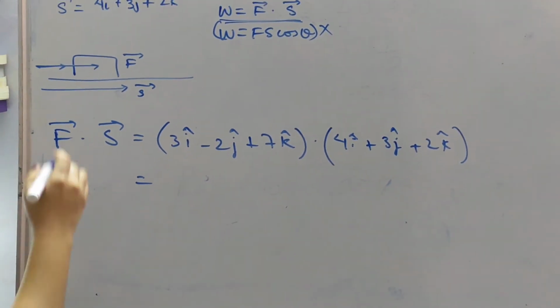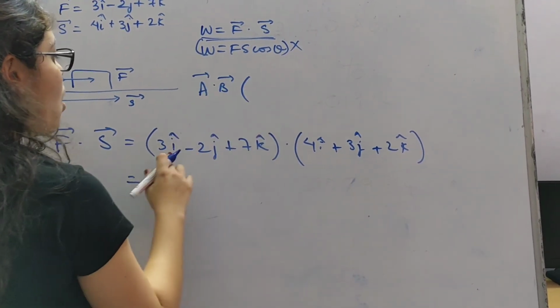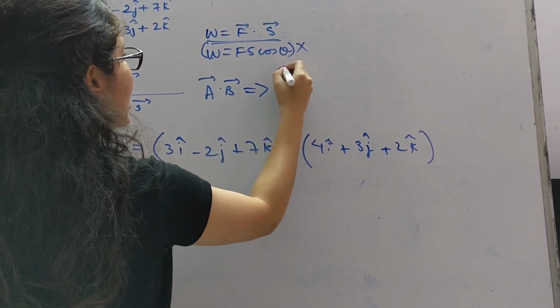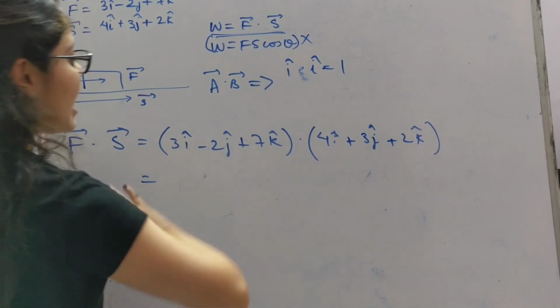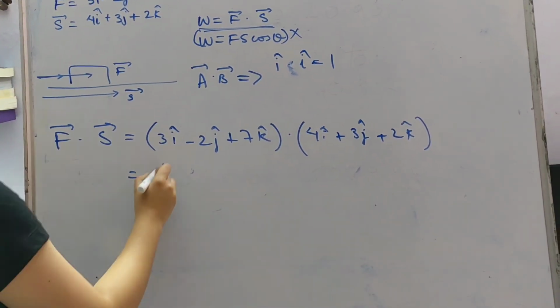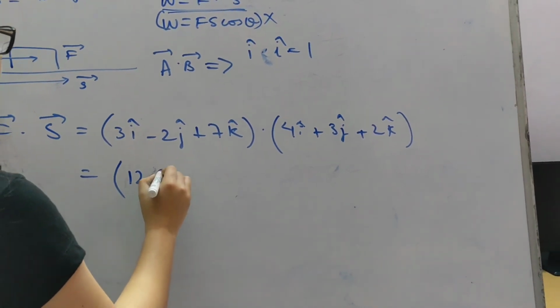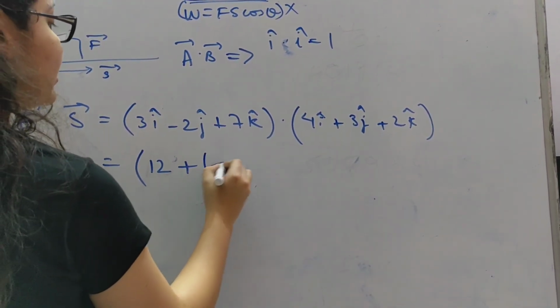So we know that when we have a vector dot b vector, here we remember I cap dot I cap will always be 1 and the rest are 0. So 3 into 4 is 12 plus, you will get this into this, right? That will be minus 6.